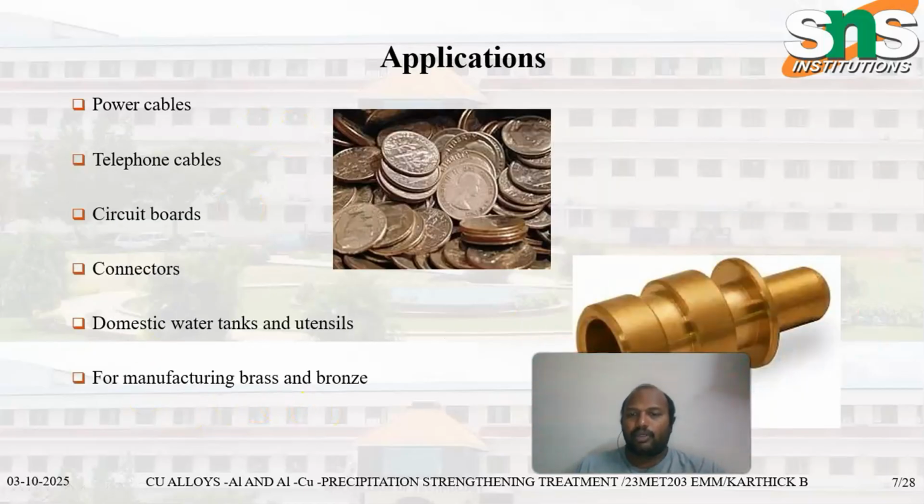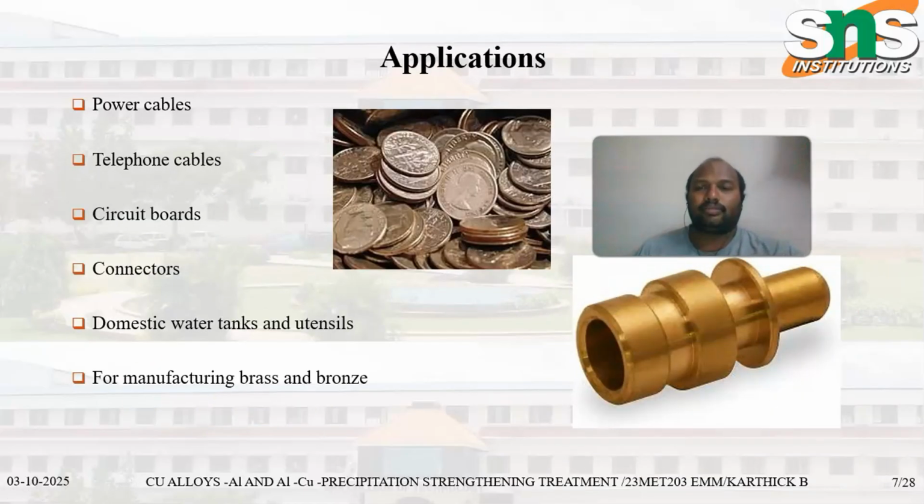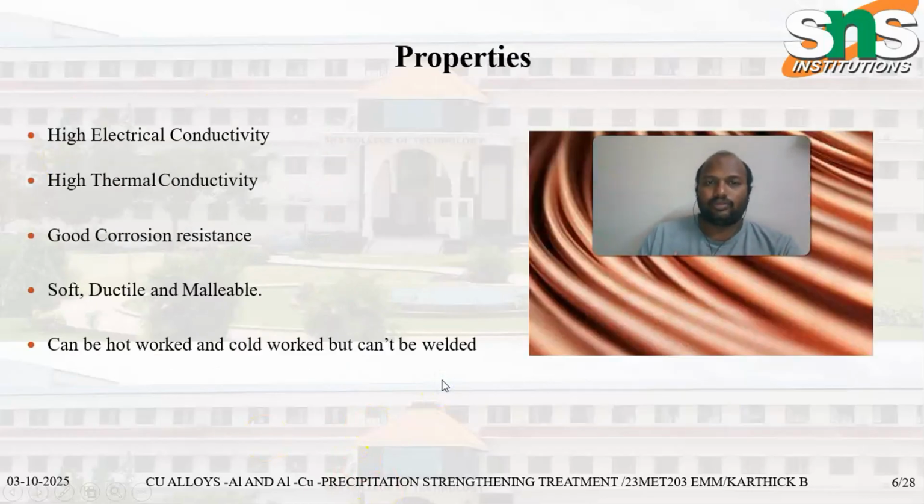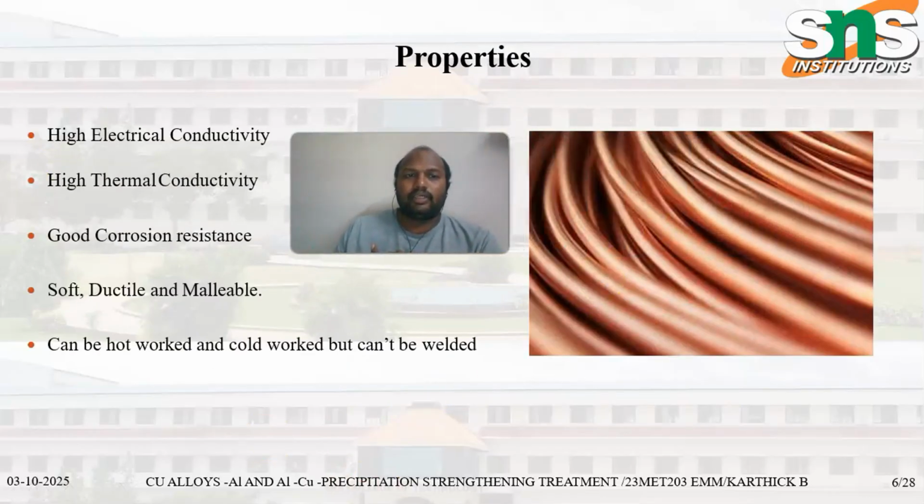So coming to the next thing, as I said previously, it is used in a variety of applications. That is why copper plays a major role among non-ferrous materials. The first ones are power cables, telephone cables, circuit boards, and connectors. In these first four applications, copper is used because it should have good thermal conductivity, good electrical conductivity, and good corrosion resistance.